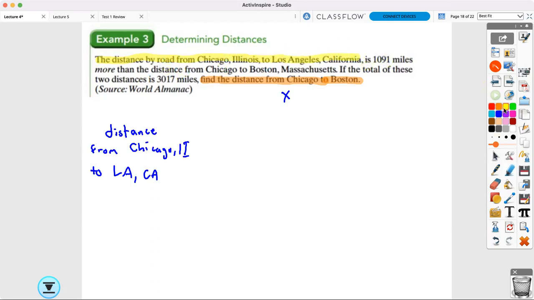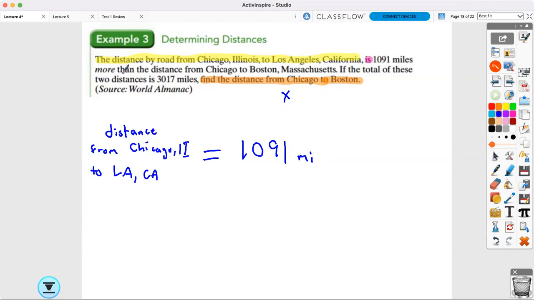Guys, what symbol in algebra is "is"? It's an equal sign. So what does that mean? So this is telling us the first line that I highlighted yellow, the distance by road from Chicago to LA. So distance from Chicago to LA is, which is an equal sign, 1,091 miles more than.